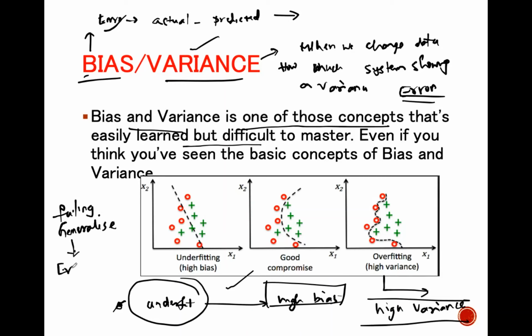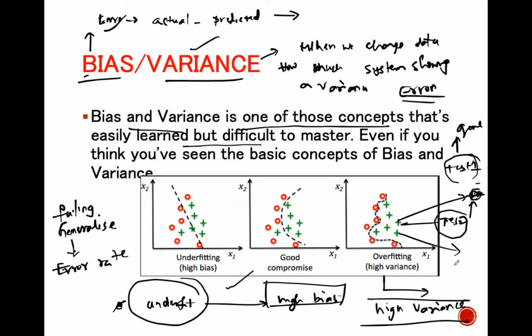Whereas with high variance, for test set 1 it has some generalization, test set 2 has some different error, test set 3 again differs. The variance estimates how your model responds when you change the data. So underfitting has high bias.